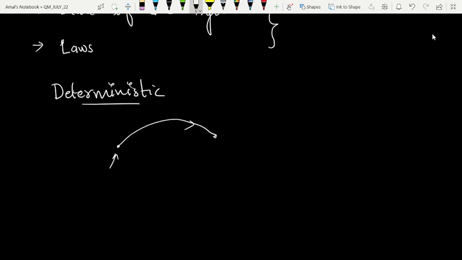So if the initial state is given, we can exactly or deterministically calculate the final state. So that is why we say that classical mechanics is deterministic. Okay, so this is the summary of classical mechanics.